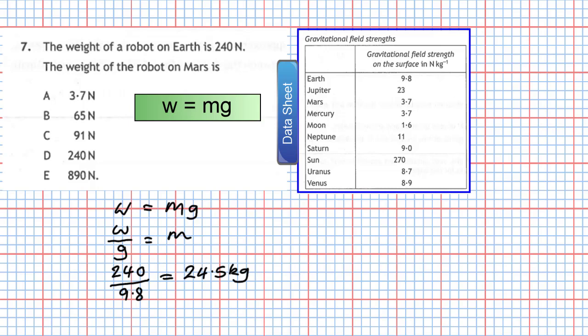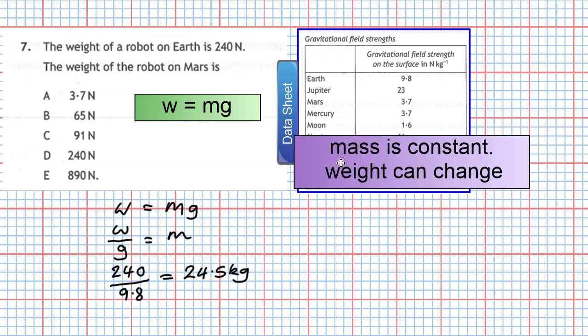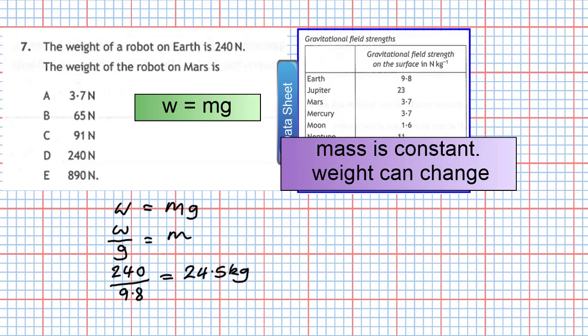Another key thing to know here is that the mass of an object is constant. The weight can change if we take it to different planets. So all we have to do now is use the gravitational field strength for Mars and work out the weight of the robot on Mars. We do the same equation again. Weight equals mass times the gravitational field strength.